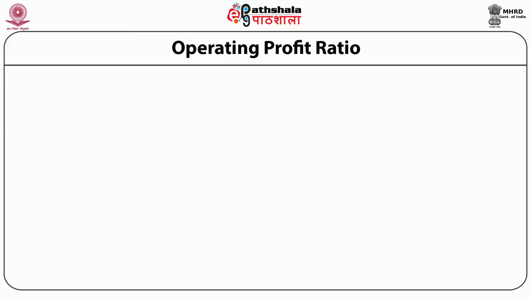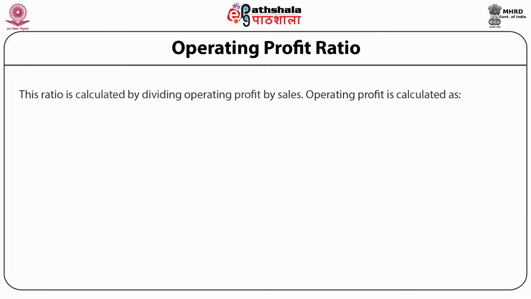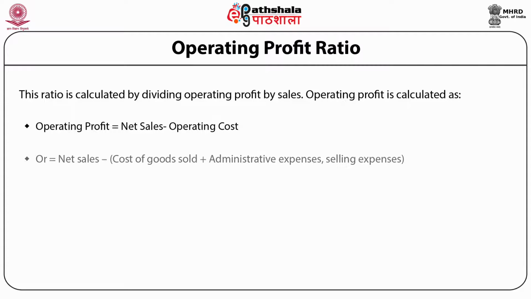Next ratio is operating profit ratio. This ratio is calculated by dividing operating profit by sales, and operating profit includes net sales minus operating cost, or net sales minus cost of goods sold minus administrative expenses or selling expenses.